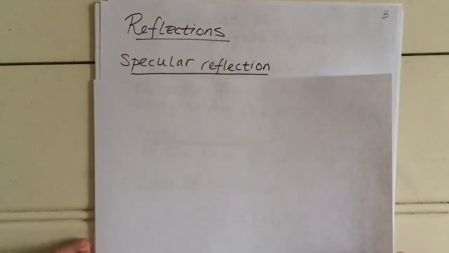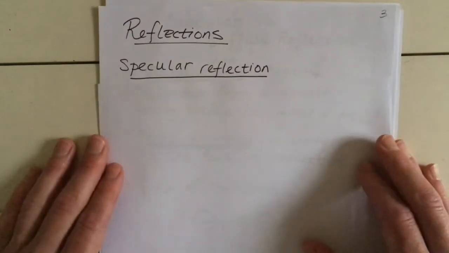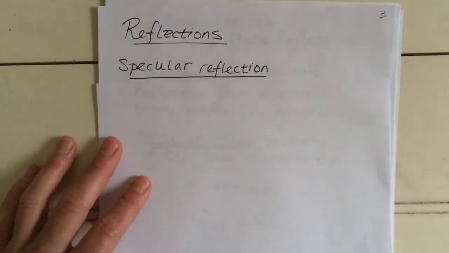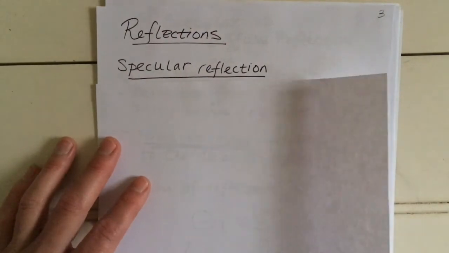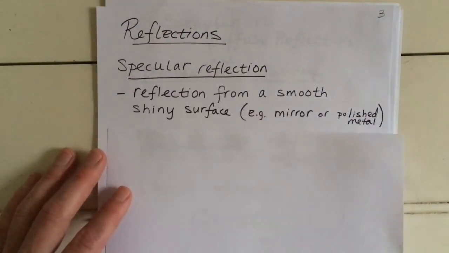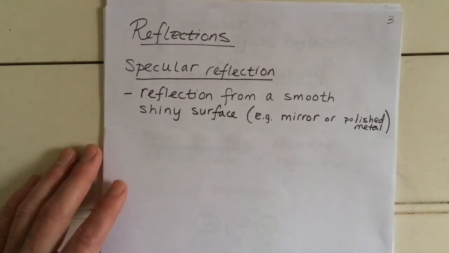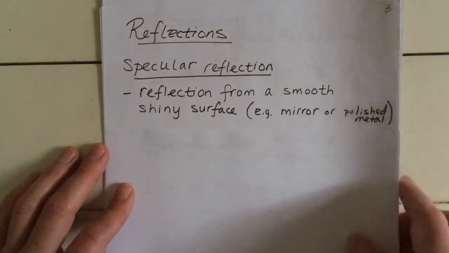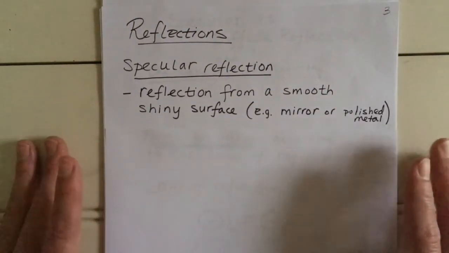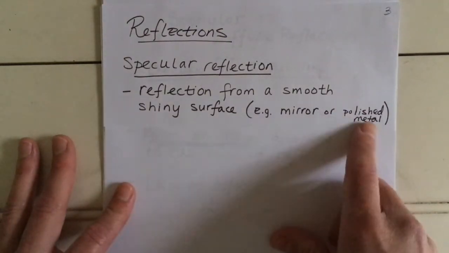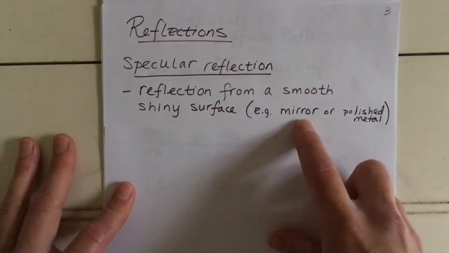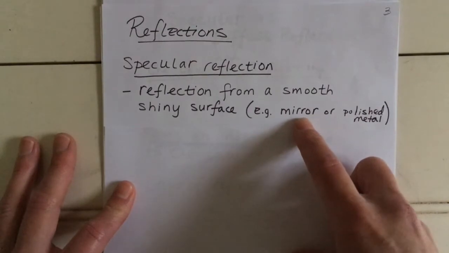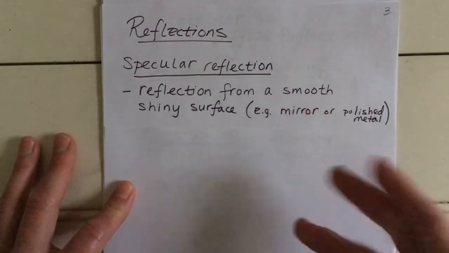Okay, so there are two types of reflection that we're going to talk about here. The first one is specular reflection, and we're going to spend most of our time on specular reflection in this chapter. This is reflection from a smooth, shiny surface, for instance a mirror or polished metal. A mirror is a piece of glass that has been silvered so that it's reflective.